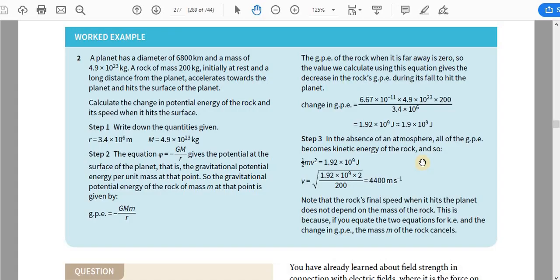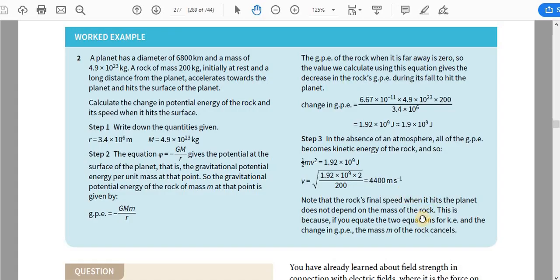So the decrease in gravitational potential energy is equal to the increase in kinetic energy. So we can set the two equations equal to each other and find the kinetic energy, which is equal to the decrease in gravitational potential energy. Then substitute, and we will get v equals 4400 meters per second.